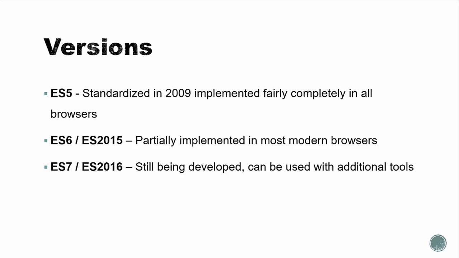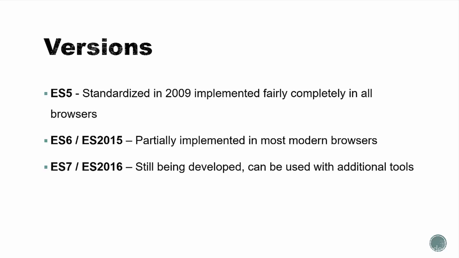ES6 features are not all compatible with some of the modern browsers. So in order to use them, sometimes you'll have to use some additional tools such as Babel, which can take that ES6 code and compile it into ES5, so that it can run in different versions of different browsers.